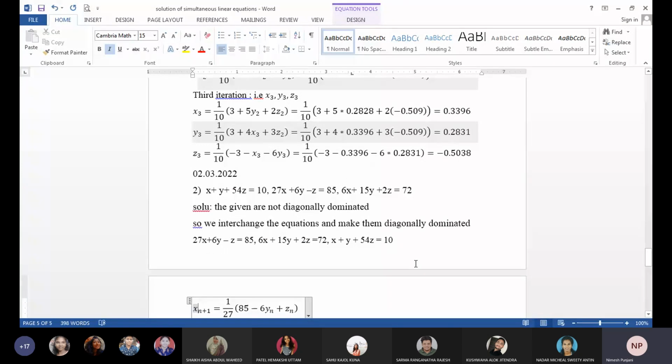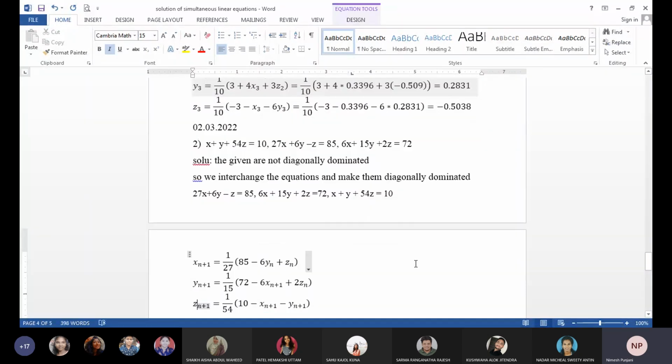This was the sum which we were solving. We had done one iteration, बाकी के 2 iterations करना बाकी है. So here what was the thing? Here the thing was the system was not diagonally dominated because it was not satisfying the condition that absolute value of your diagonal element is greater than or equals to sum of the absolute value of the other two elements.